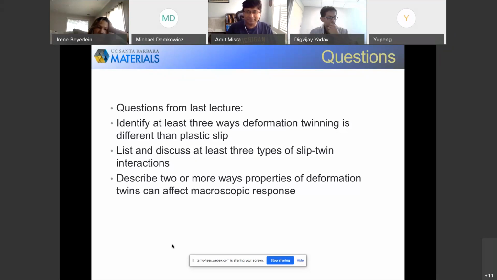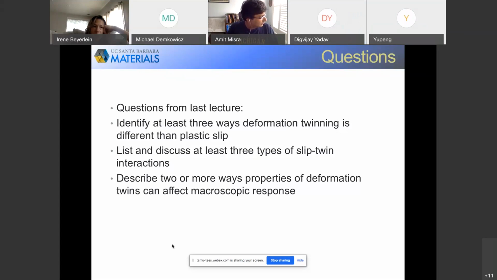So up to now, I don't believe it's been applied. Transition state theory has been applied to the formation of twins from slip to twinning partials.